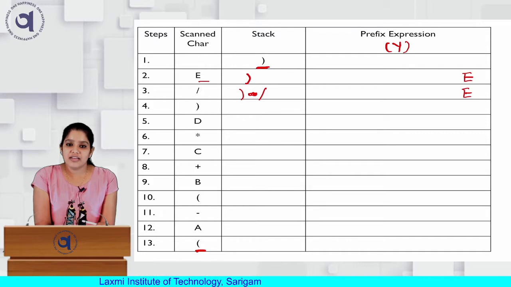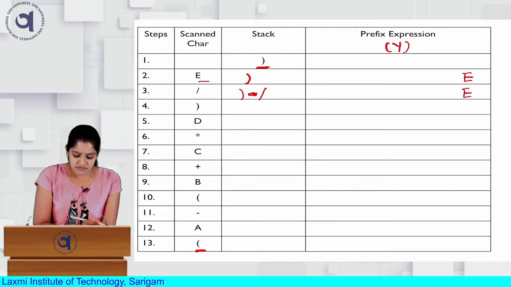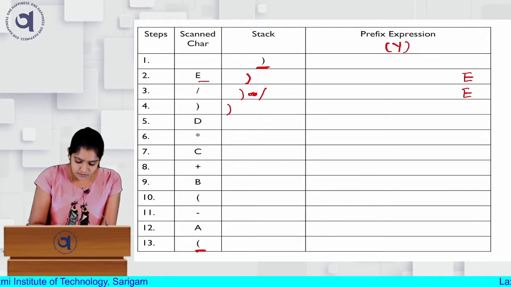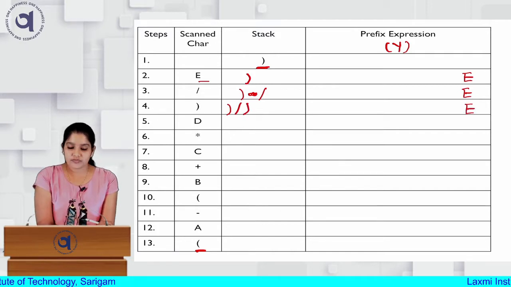Then again there is a closing bracket. If a closing bracket is there, then we need to check whether there are already two operators. If it is not like that, then simply we can push it. So, here we are pushing it like bracket slash bracket, and E remains the same.